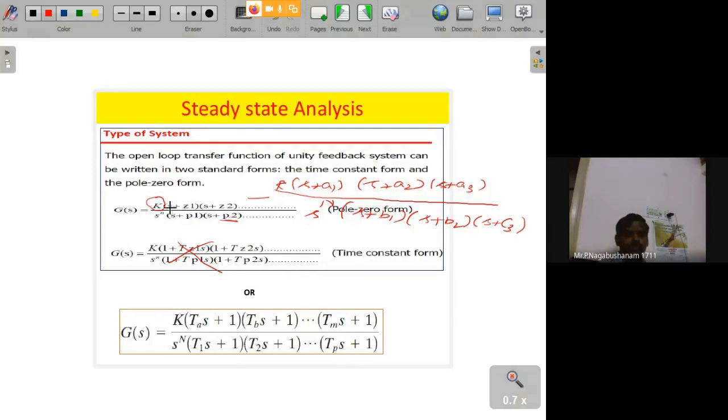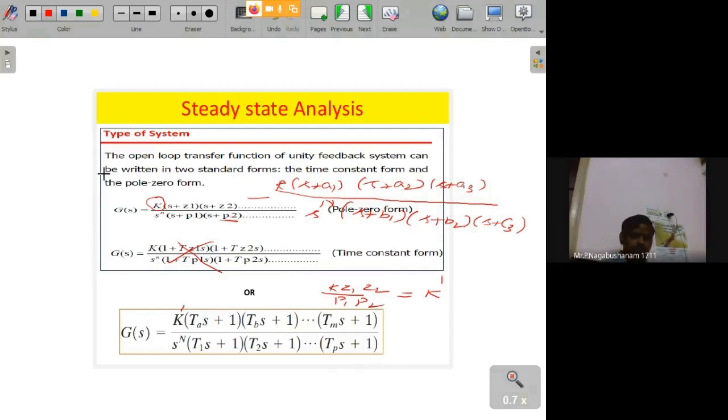Pole zero form means s plus something. If you take Z1, Z2, P1, P2 outside, then K will become K dash, which is a constant. If you multiply K with Z1, Z2, P1, P2, you will get some other constant, K dash.